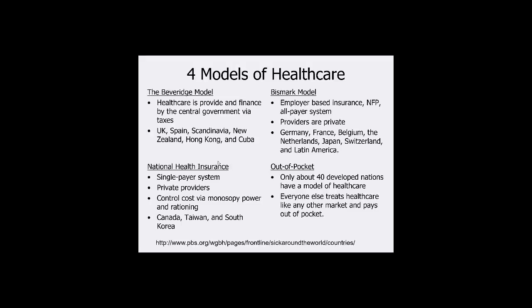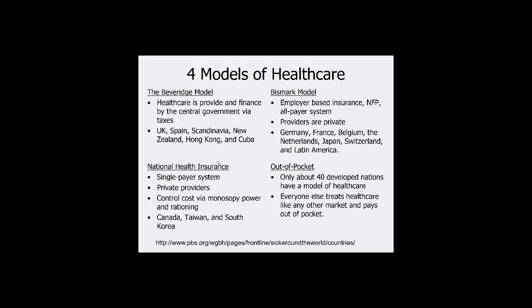That means that the central government is both the insurer as well as the supplier of healthcare. So if you are a physician, you are a government employee. Hospitals are publicly owned. Your health insurance is coming from the government. This is a very, very centralized system. The United Kingdom has this system, as do Spain, Scandinavia, New Zealand, Hong Kong, and Cuba.